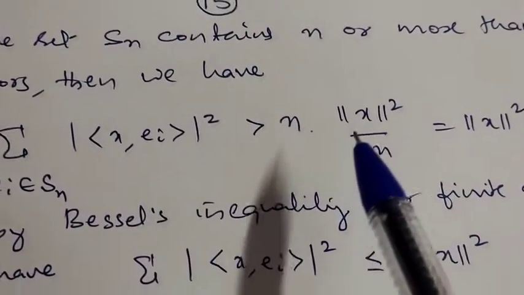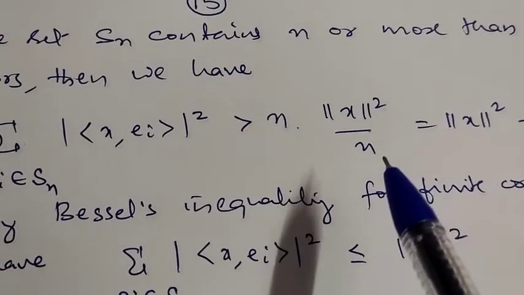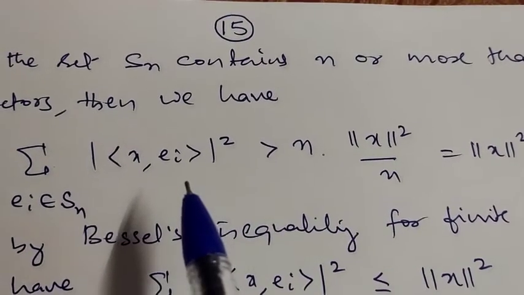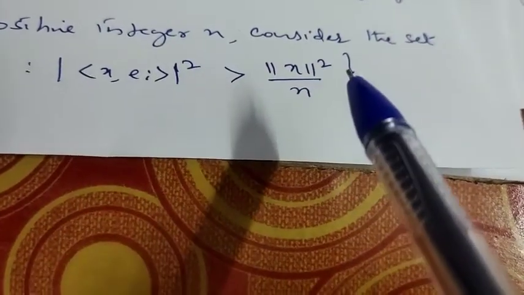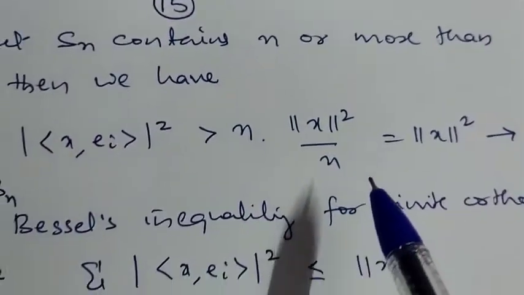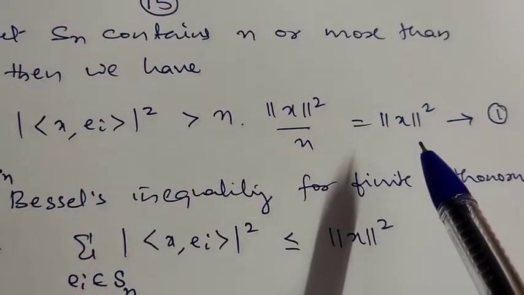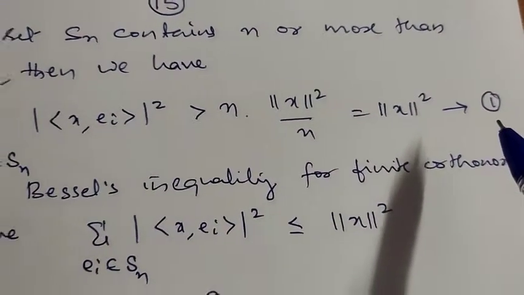So this is greater than n times norm of x square by n, because for each term it is norm of x square by n, so for the n terms, n times norm of x square by n gives norm of x square. Call this 1.